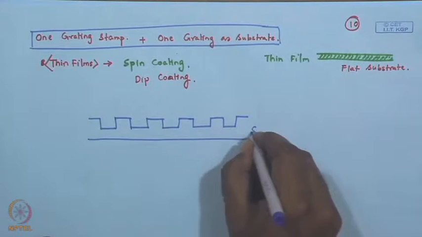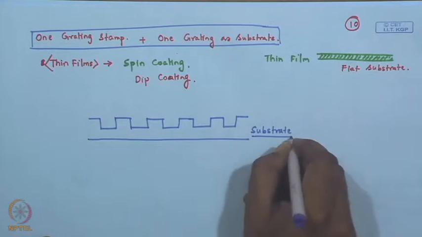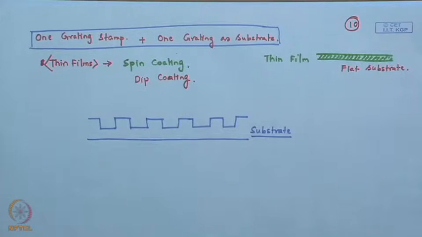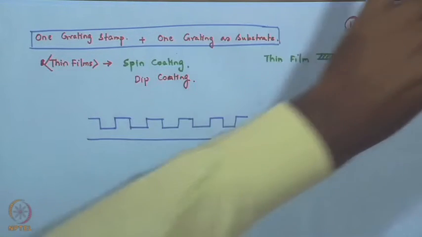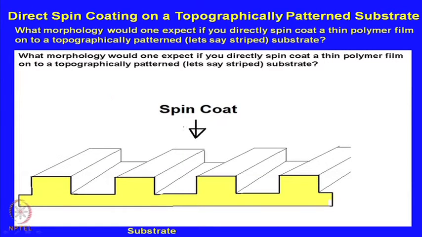So, this is now your substrate. This is where the problem statement lies now. So, you are going to spin coat on a topographically patterned substrate, which let us say is of the order of a grating. So, what would you expect?